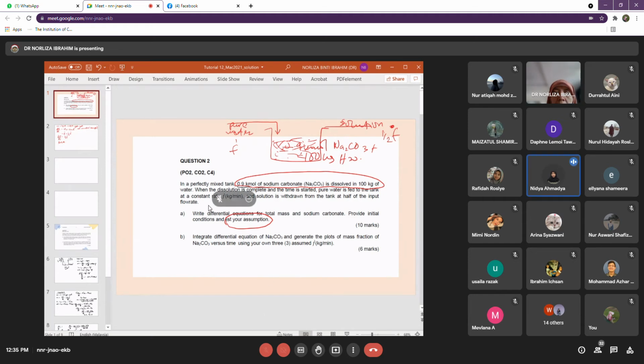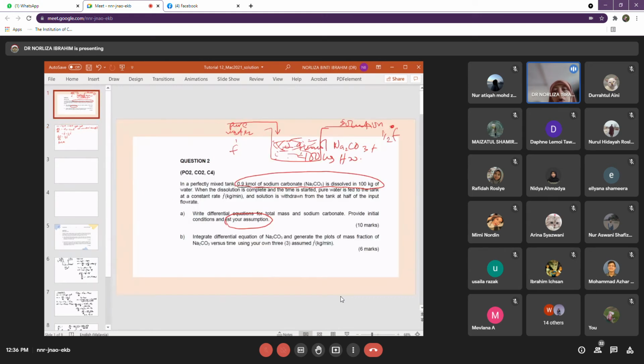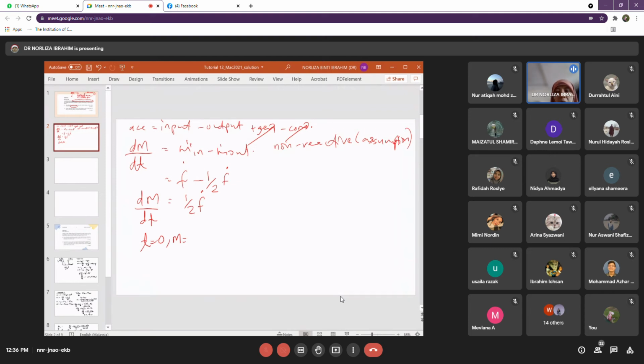100 kilogram of water plus the conversion of 0.9 kilomole of sodium carbonate to kilogram. Yes, exactly, Lydia, that's the answer. As mentioned in the question, before you start, the water and the sodium carbonate are already dissolved in the tank. So it is 100 kilogram of water plus 0.9 kilomole of Na2CO3.